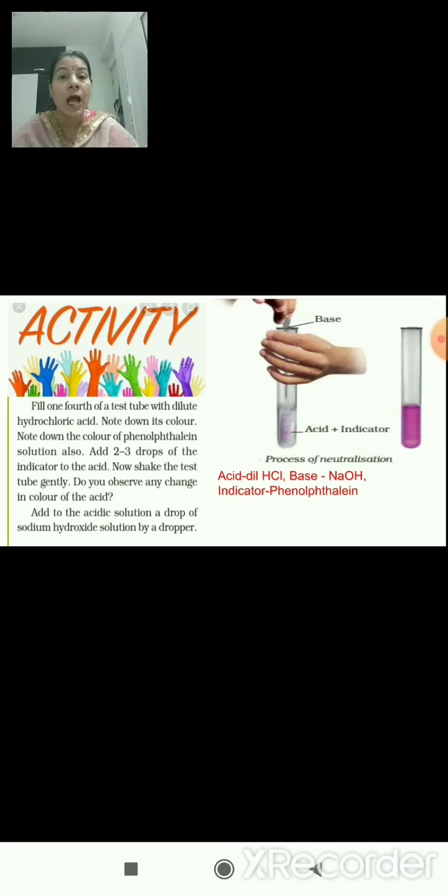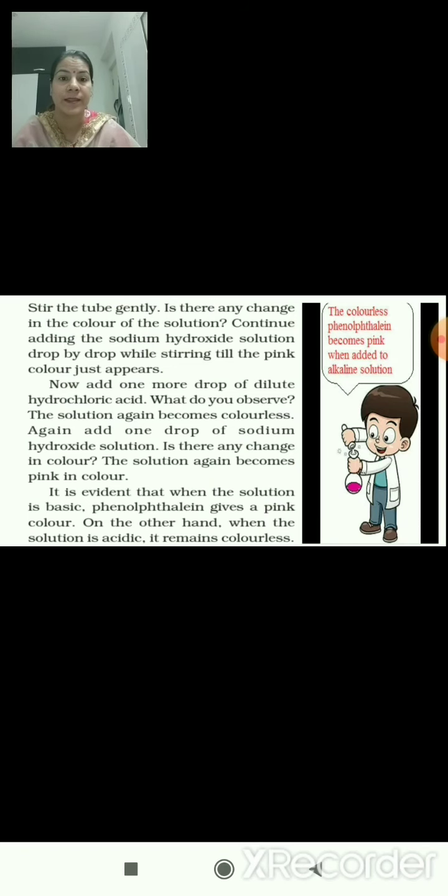But after that, when we added a few drops of NaOH base and mixed it, we found some change in color, and that change was pink color. The test tube which was earlier colorless was showing pink color now.